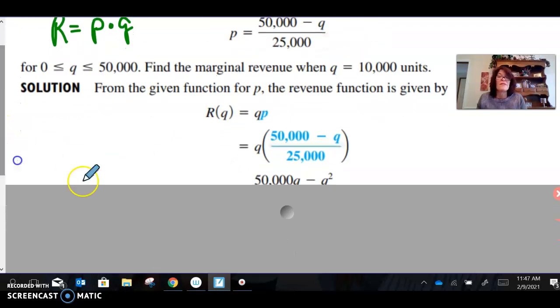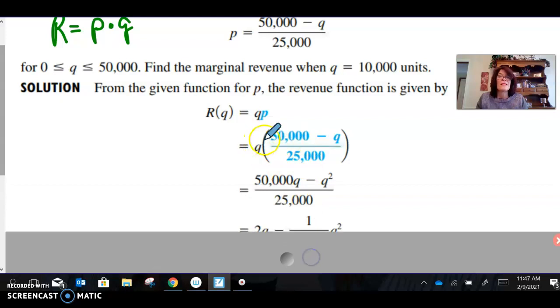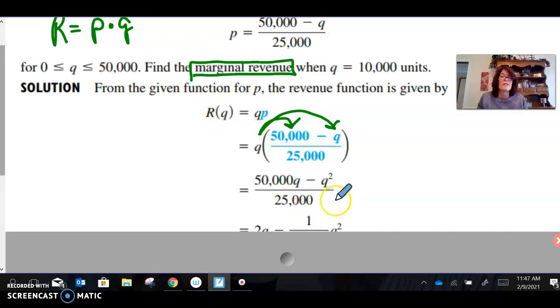All right, so we're going to have to simplify that a little bit. I'm going to distribute my Q through. So that's 5,000 Q minus Q squared, still over the 25,000. I can't take the derivative of that yet. They want marginal revenue, so I know they want the derivative of the revenue function that we just came up with.